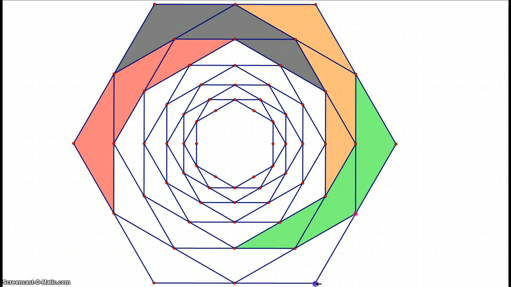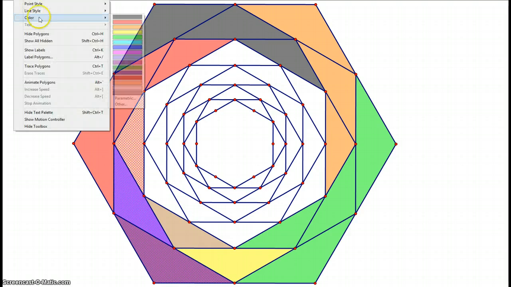So if we just connect these real fast, then we can see that we have 6 spirals that are going down.